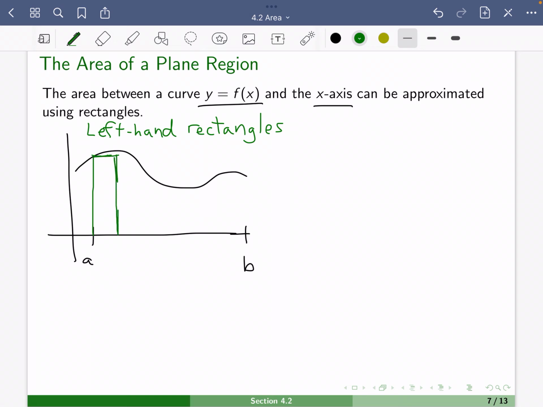The height of that rectangle is defined by the function value at that left-hand endpoint. This next rectangle over, we can use a function value here, and we can just continue doing that, creating a bunch of rectangles.